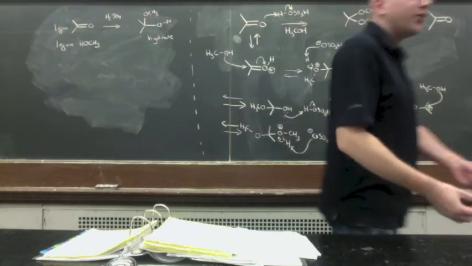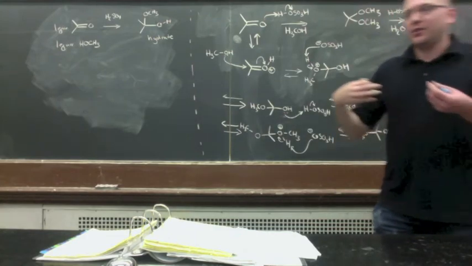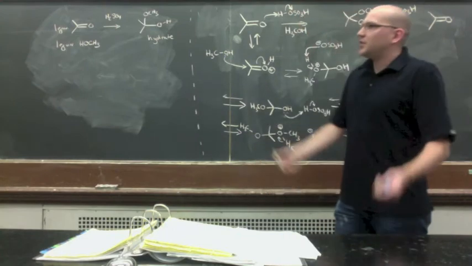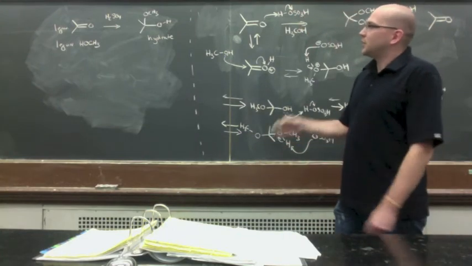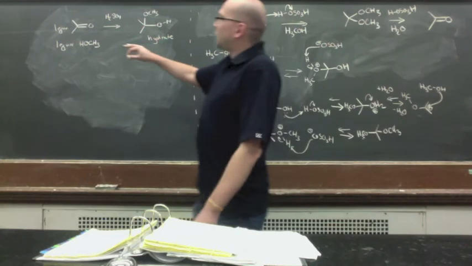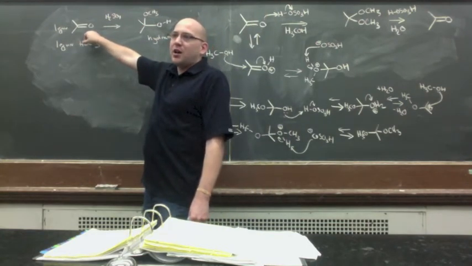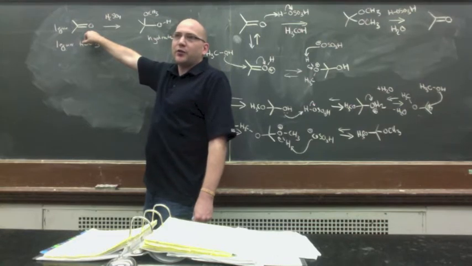Ketones are sort of favored. There's a benefit to having carbonyls that I believe has to do with the dipole, but I'm not 100% sure as to why. But certainly there's a strength to carbonyls that when molecules can exist as carbonyls, they tend to like to. So carbonyls sort of represent a sink.